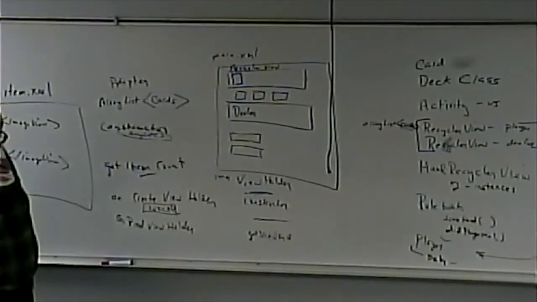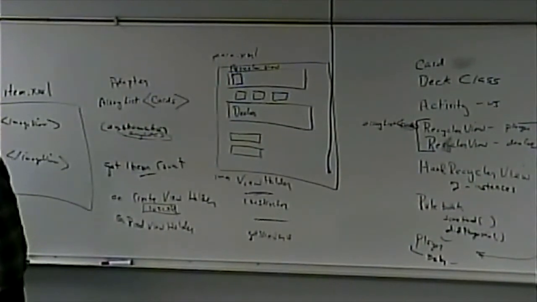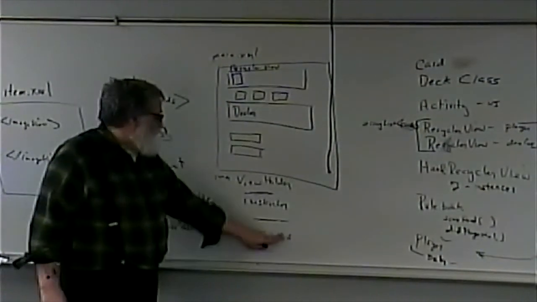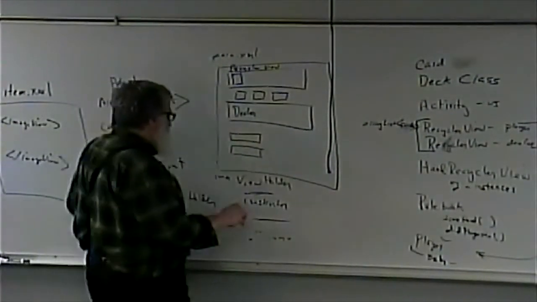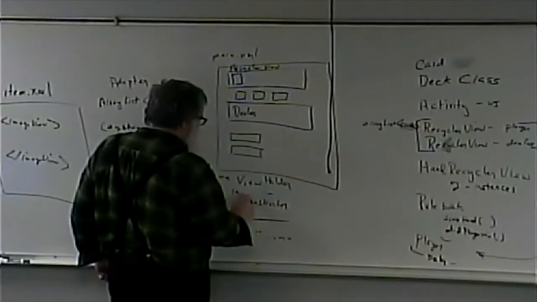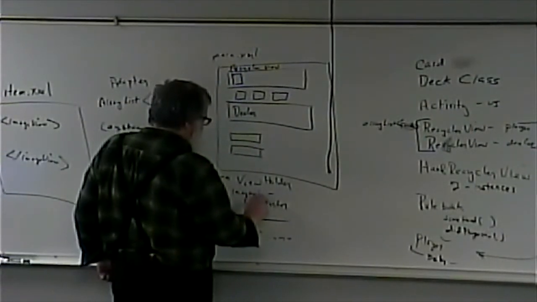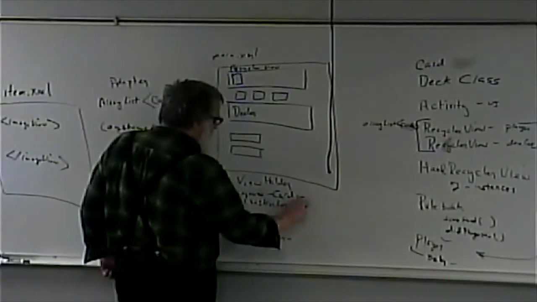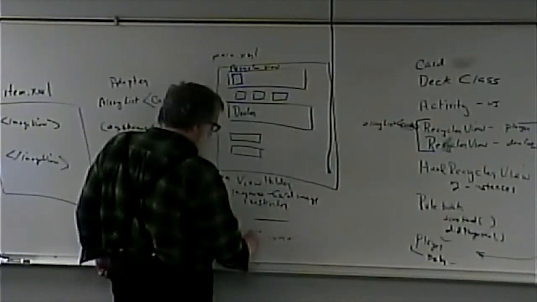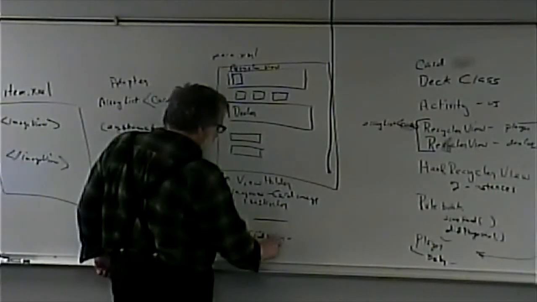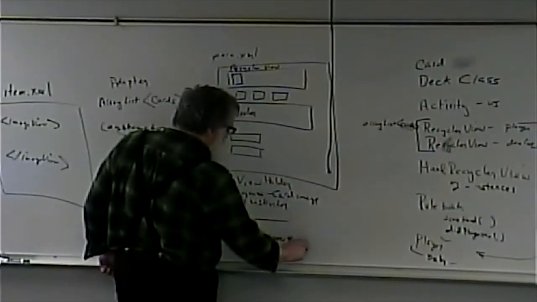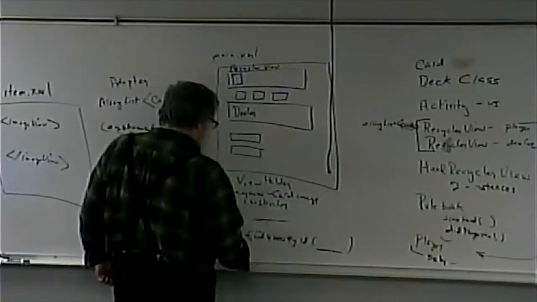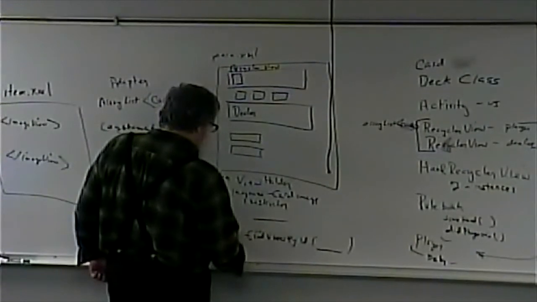Are you talking about the find view by ID? Well, the find view by ID is going to be here. Because what we're going to do is we're going to create an image view in this view holder called card image. We're going to find view by ID to find whatever ID we have, and we're going to set that equal to card view.